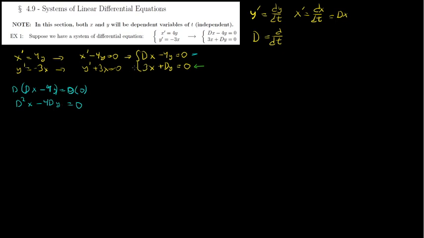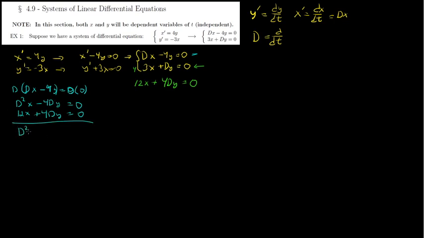So if I multiply the second equation by 4, I get 12x plus 4 Dy equals 4 times 0, which is still 0. Having done that, let's look at the two equations. We have the first equation, and then 12x plus 4 Dy equals 0. Hey, I have negative 4 Dy plus 4 Dy. When I add them up, I get 0 here. So what do I get?